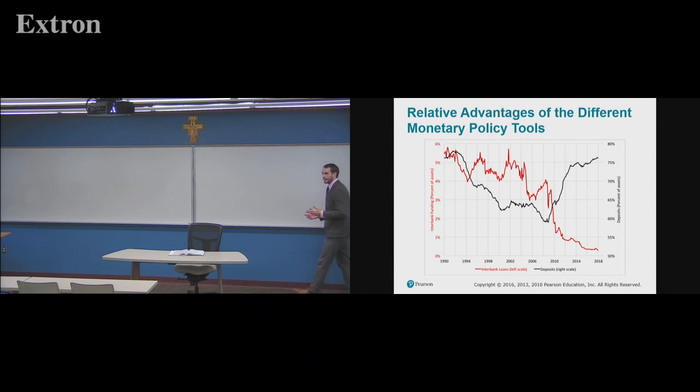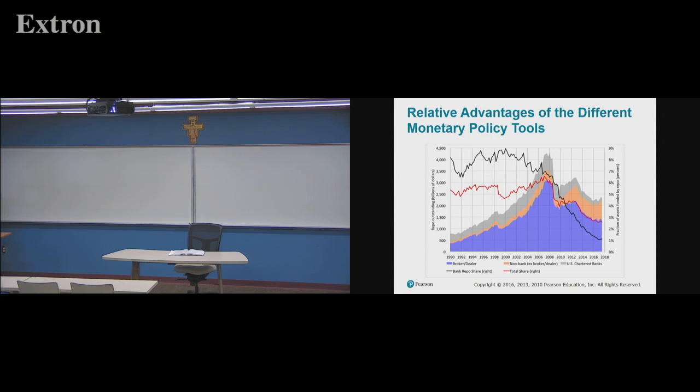So they're used a lot less in order to meet the reserve requirements that the Fed sets. Instead of that, they keep more deposits. So engaging in open market operations when there's so much less interbank lending is more difficult.